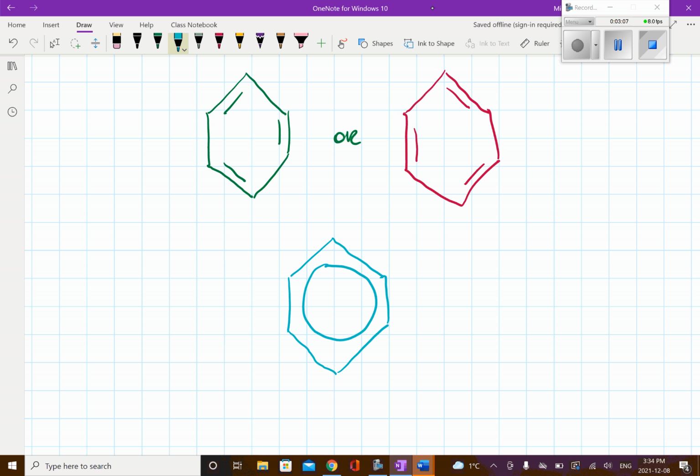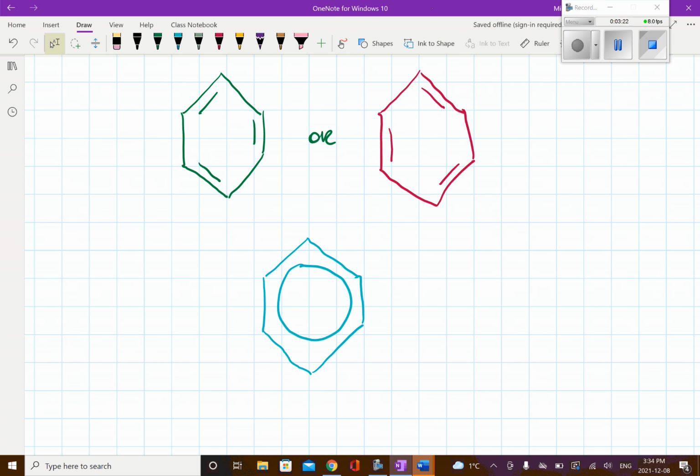This is known as the resonance structure. You don't need to know this. It is outside the scope of the course for Physics 30. However, when we see just this, then we name it as benzene.